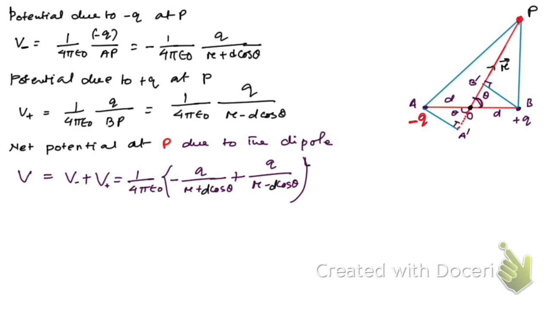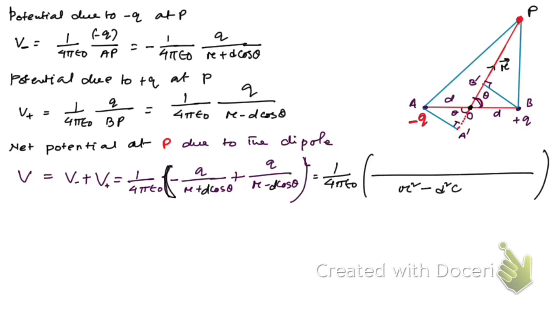Now let's take the LCM. That gives r square minus d square cos square theta in the denominator.